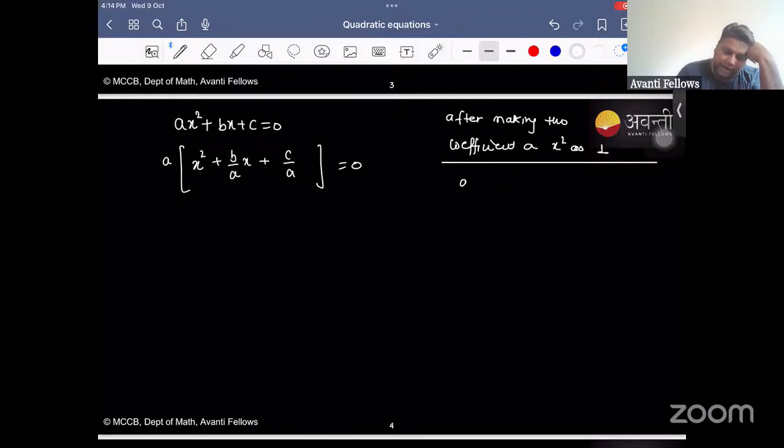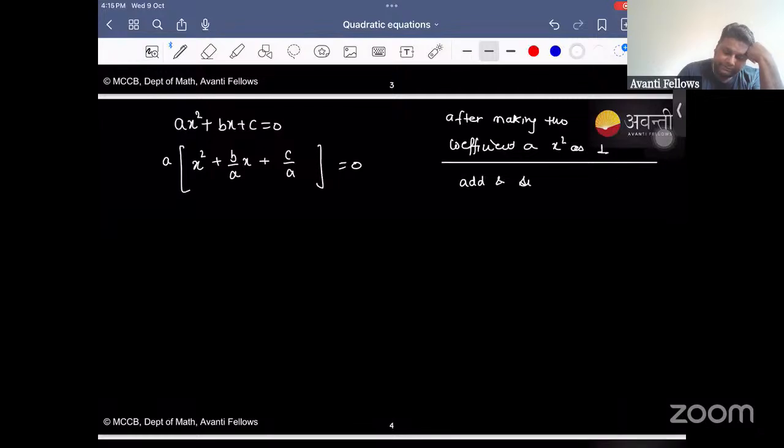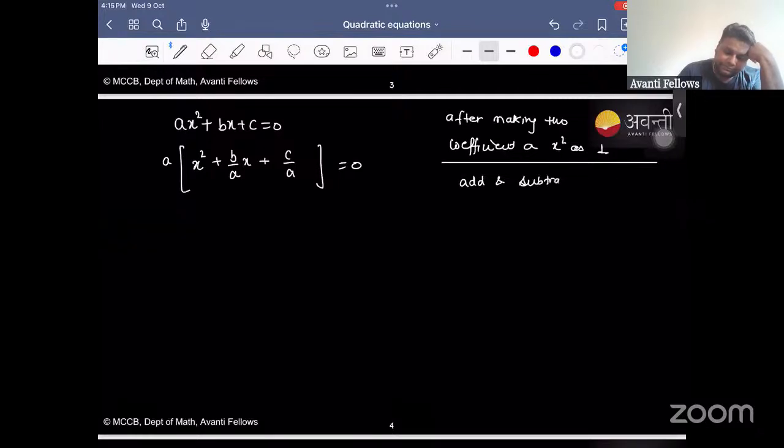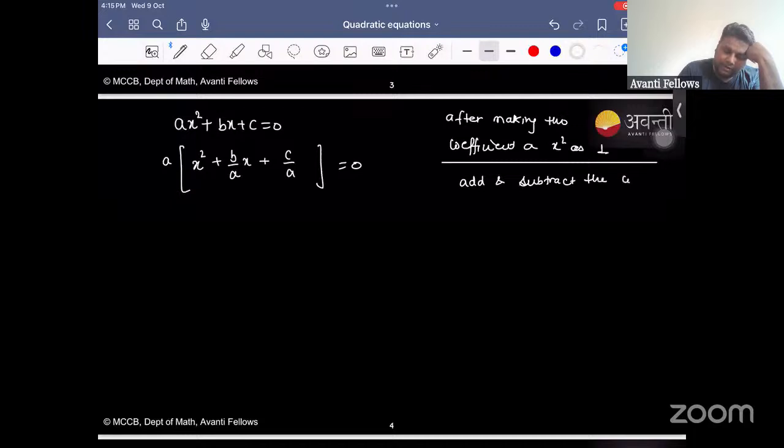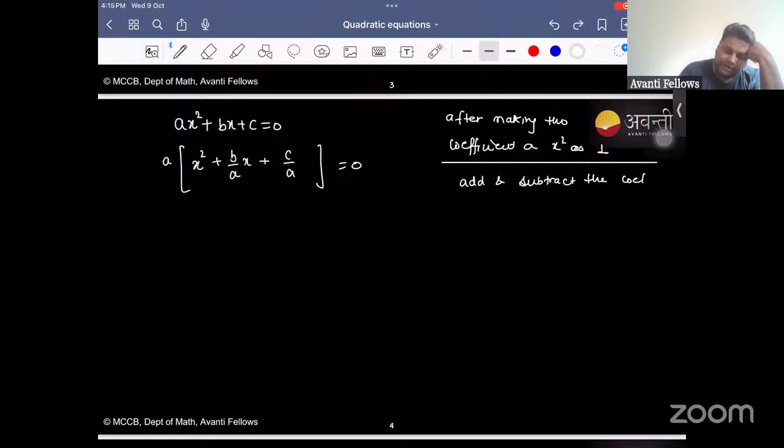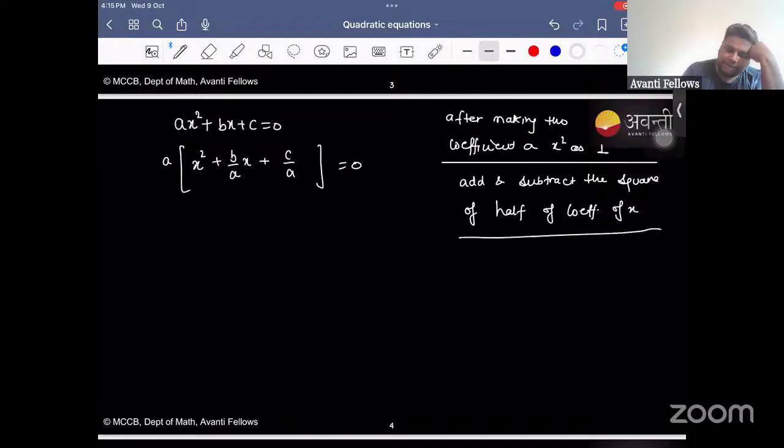Now add and subtract the square of half of the coefficient of x. Now the coefficient of x is what? b by a.